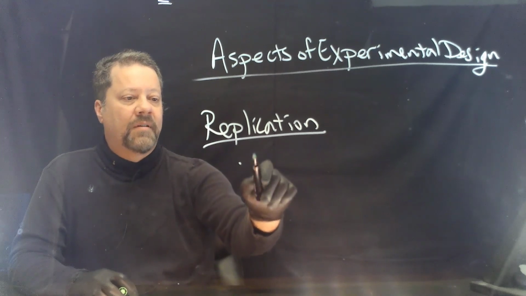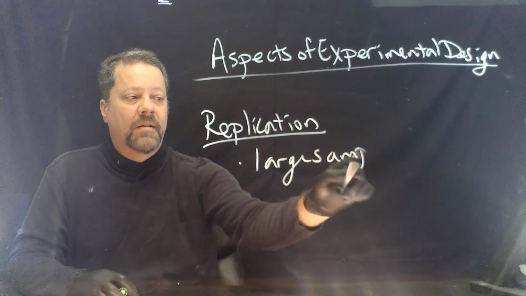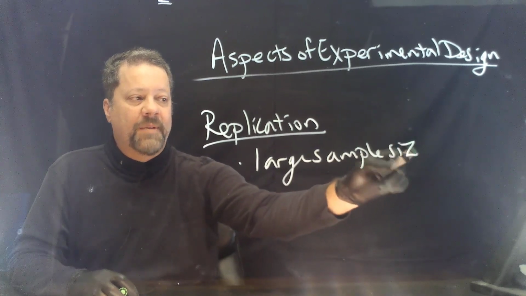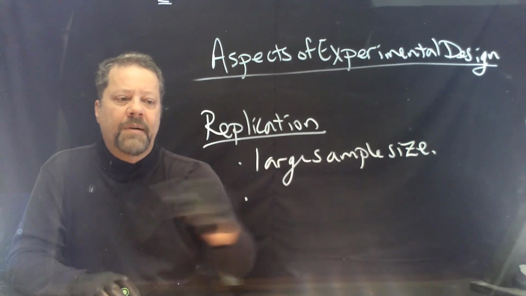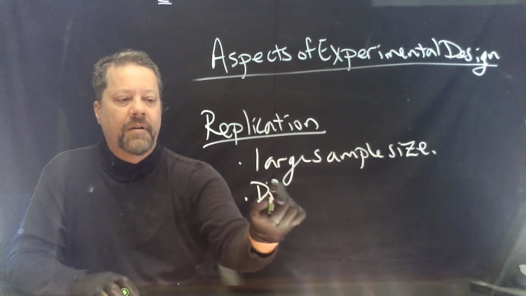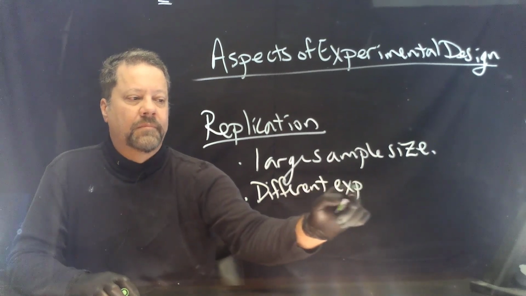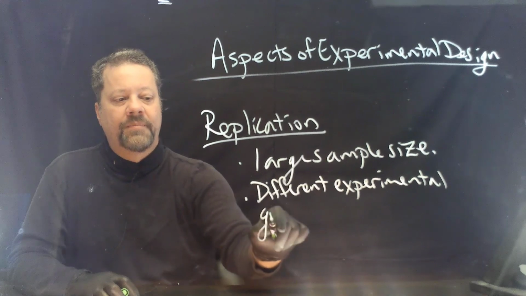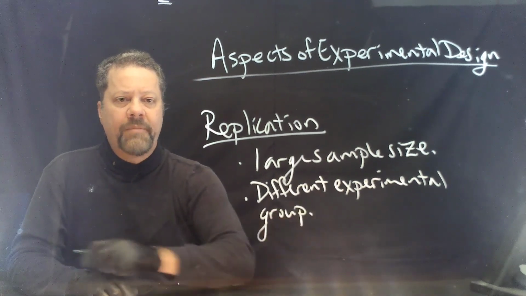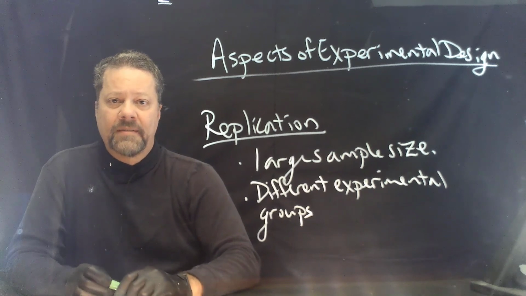So, a large sample size may be necessary, but you must also be able to repeat the experiments with different experimental groups. Even better if they're coming from different experimental laboratories.